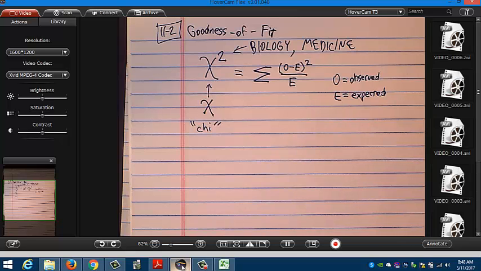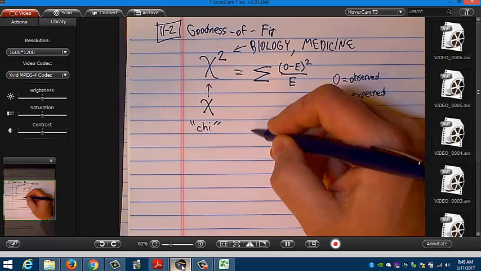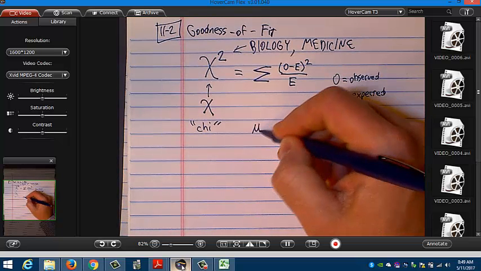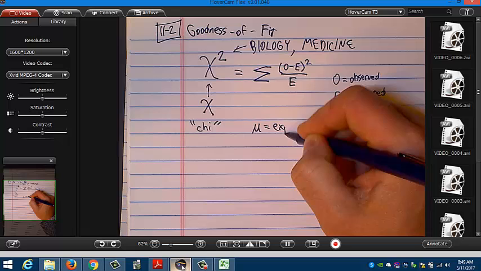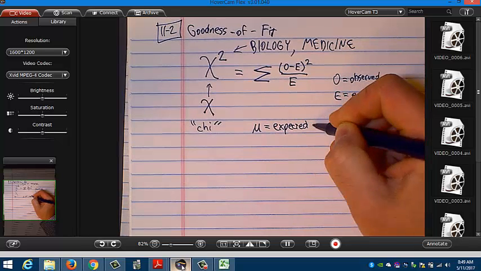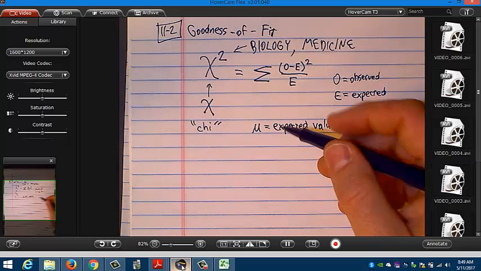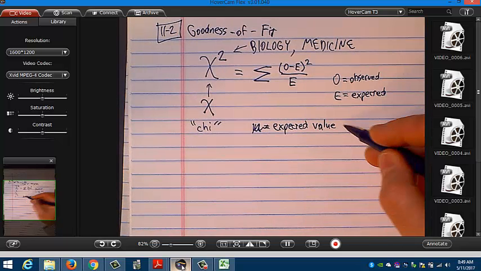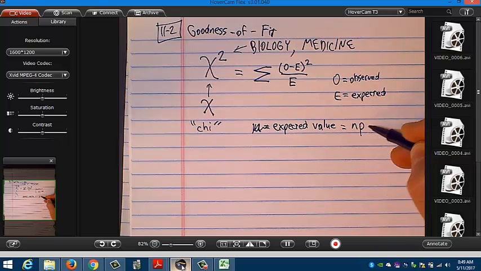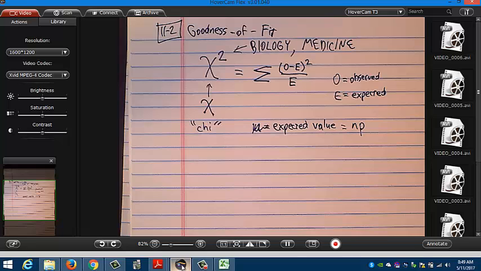Yep. And we called the mean, maybe you don't remember this, the mean was also called the expected value. Do you guys remember that? Vaguely. The expected value, what we usually did was n times p. N was the number size of your sample, and p was the probabilities there, you're right. So we had this idea of an expected value.